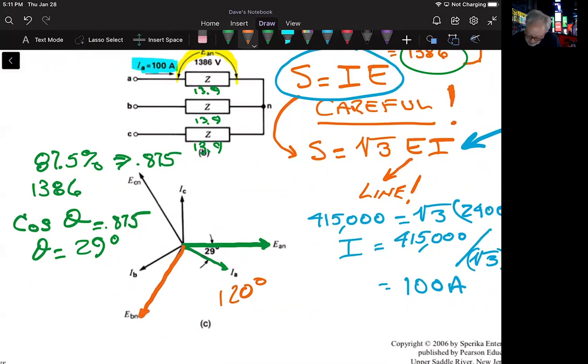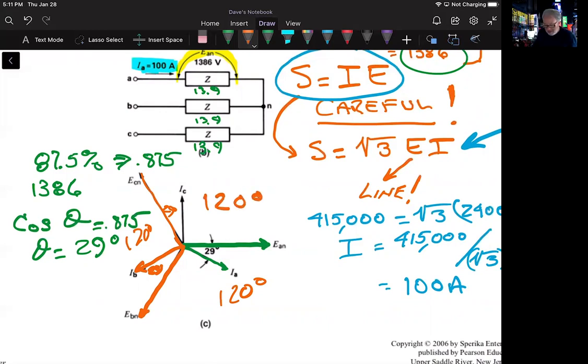We put an angle of 29 degrees with the associated current. We come 120 degrees again. We have ECN. We come 29 degrees, and we have the current associated with it. Okay, and then of course from there to there would be another 120 degrees.